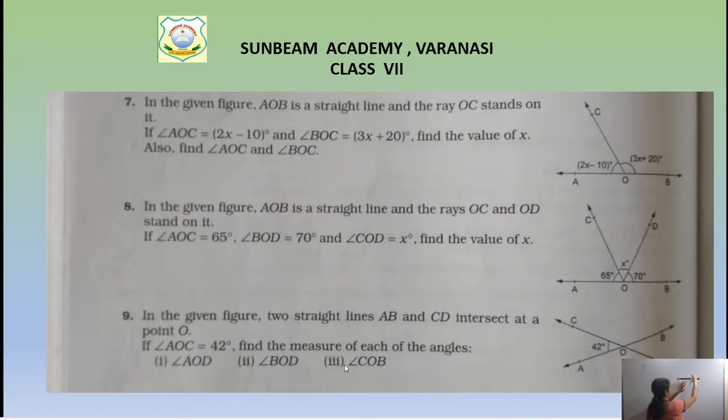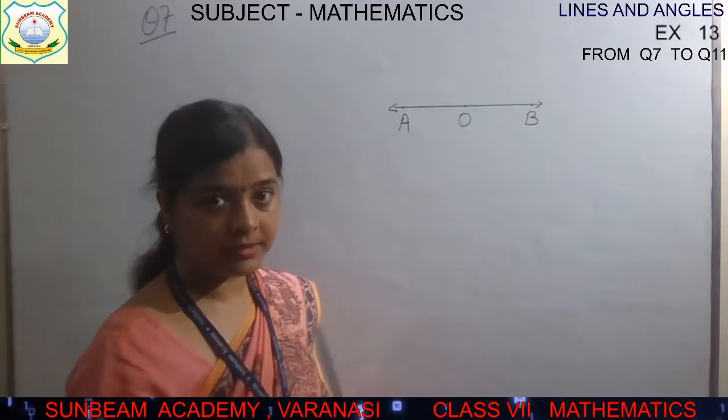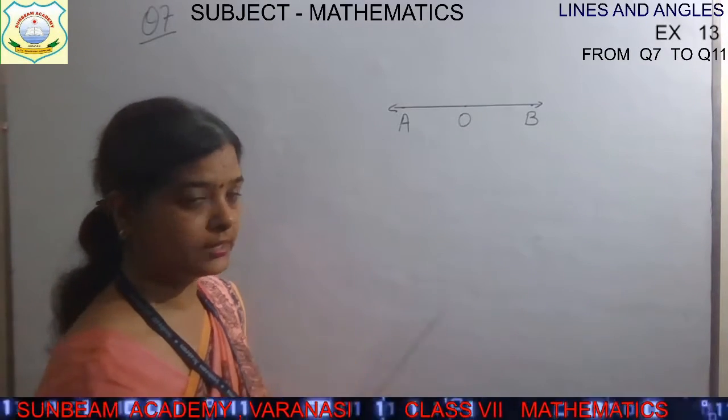Then the diagram is AB. AB is the line, AOB, children, A, O and B. And OC is a ray which stands on it in this way.